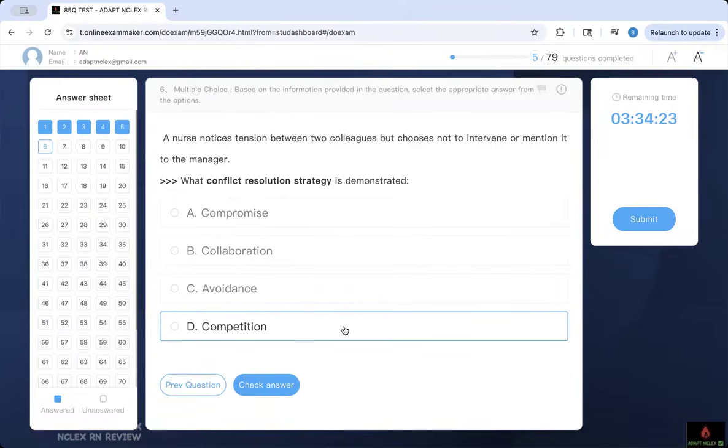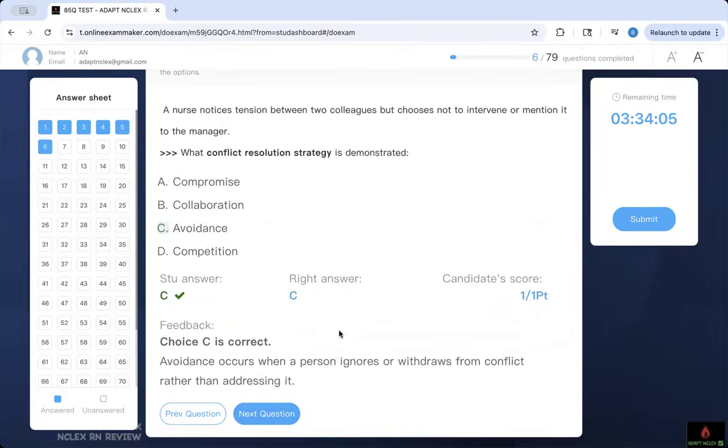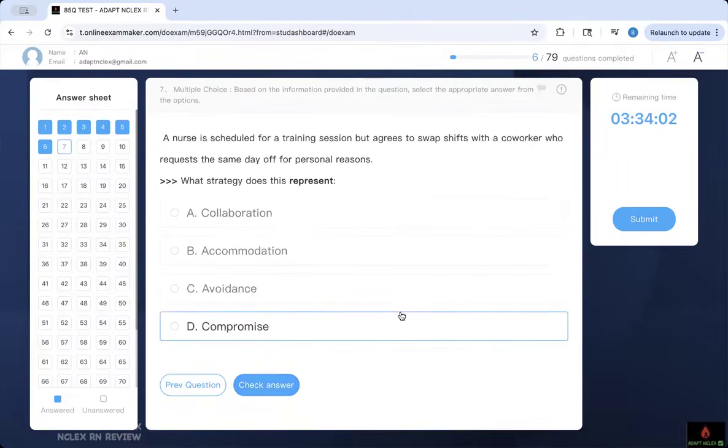The nurse notice tension. There's tension between the two colleagues, but chooses not to intervene and mention it. That means I don't want to get involved. I'm not compromising. I'm not collaborating. I'm not competing. I said, I don't want to be involved. Avoidance right there. That is conflict resolution. That's the way resolving the conflict.